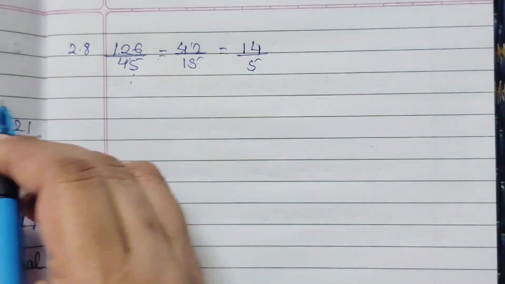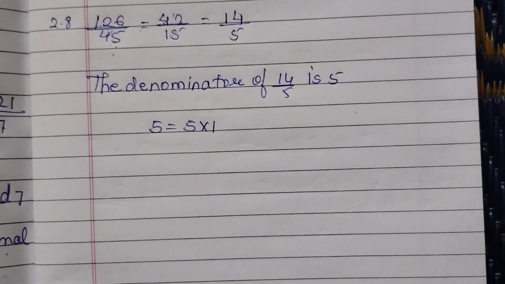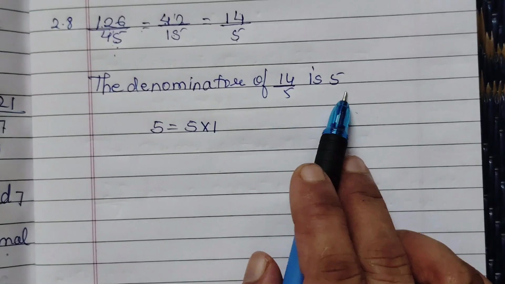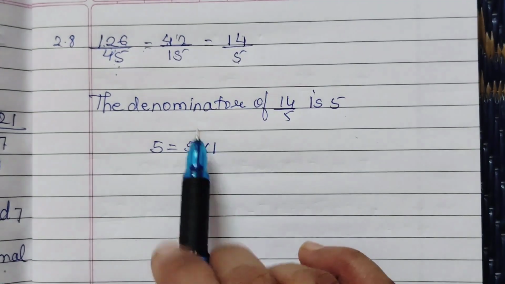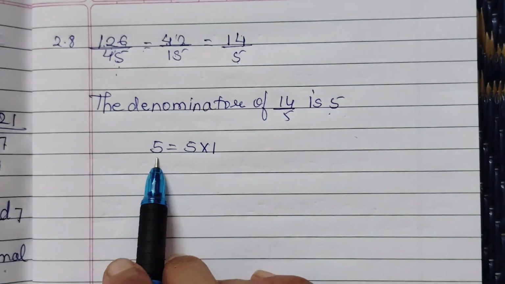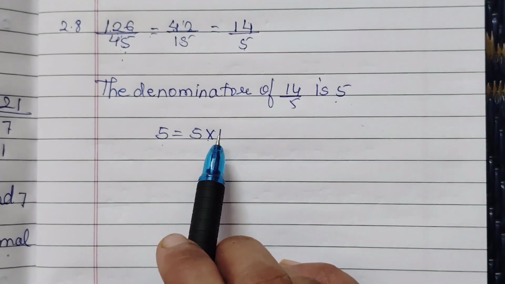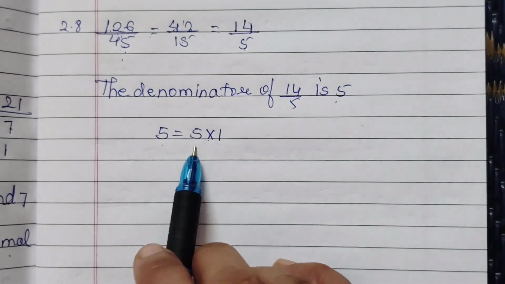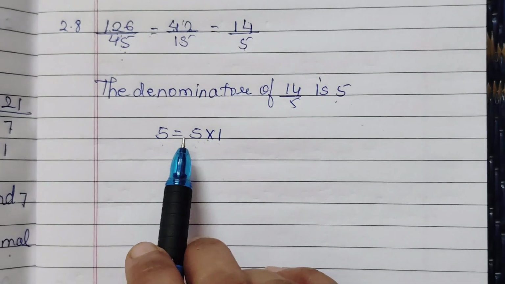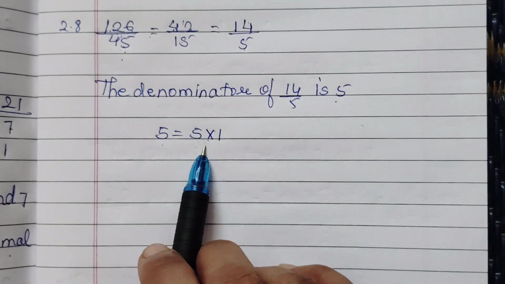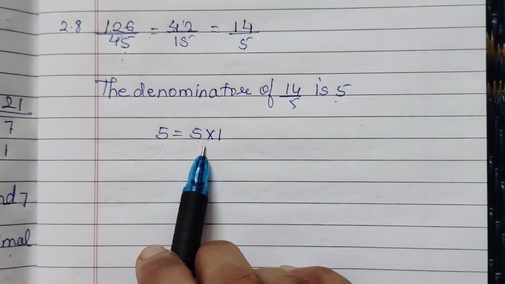So what we will write? The denominator of 14 upon 5 is 5 because we have brought this number into the lowest form. What are the factors of 5? 5 into 1. So it becomes a terminating decimal representation. When you have 2 and 5 as the factors, it is a terminating decimal representation.